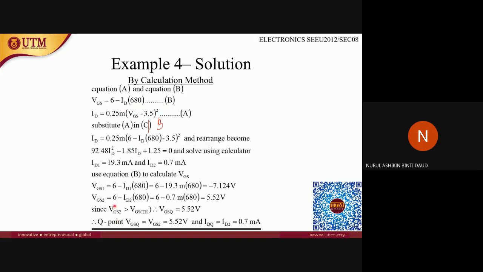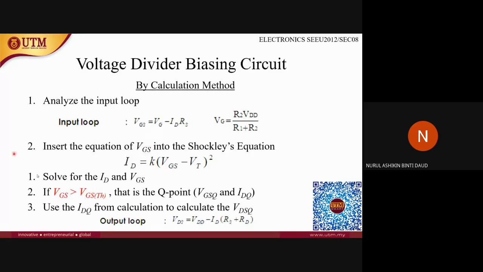Then VGS1 is minus 7.124 volts, and for ID2, VGS2 is 5.52 volts. Since it's mentioned here, if VGS is greater than VGS threshold, that is the Q point.